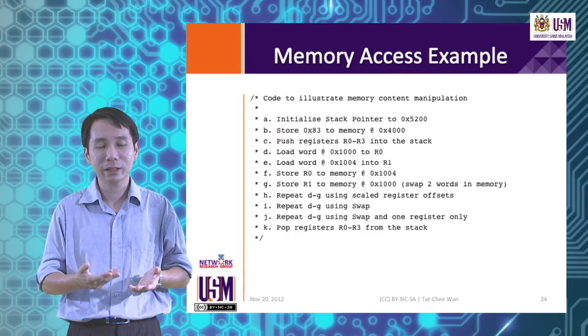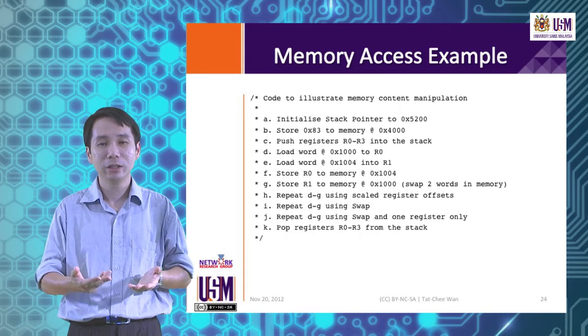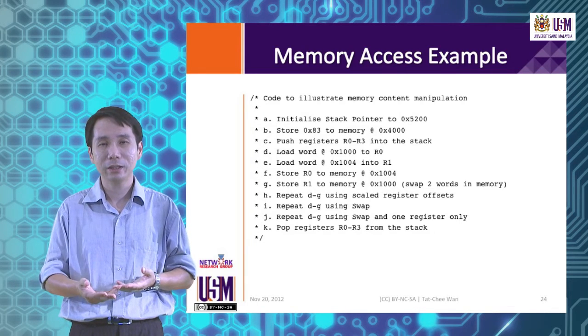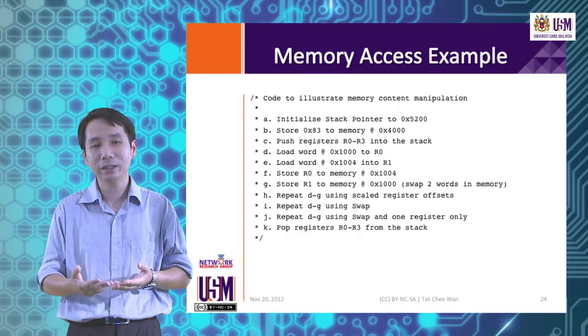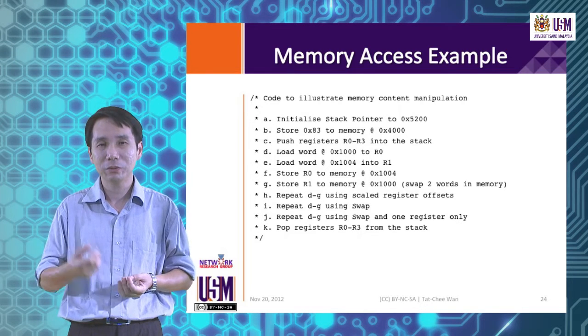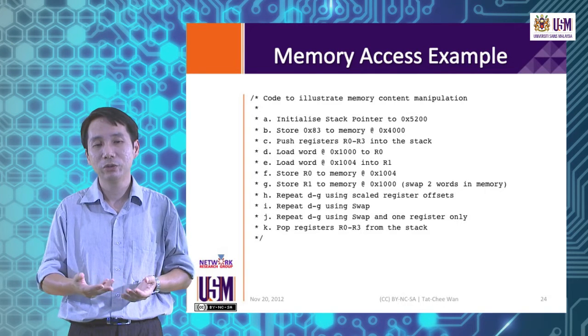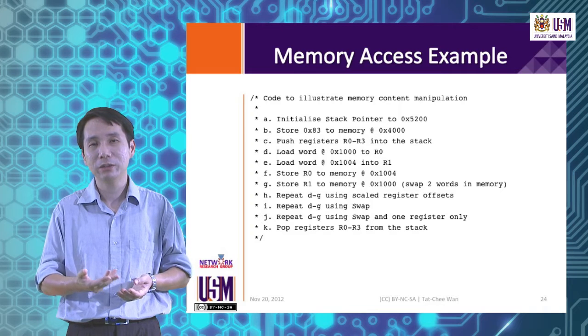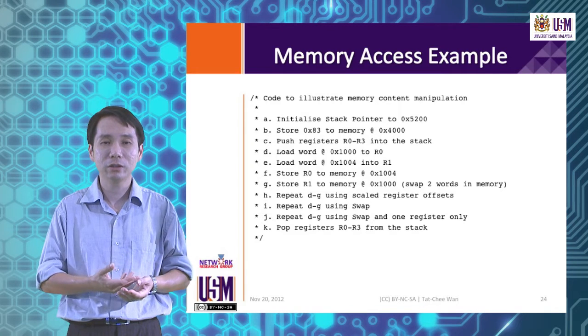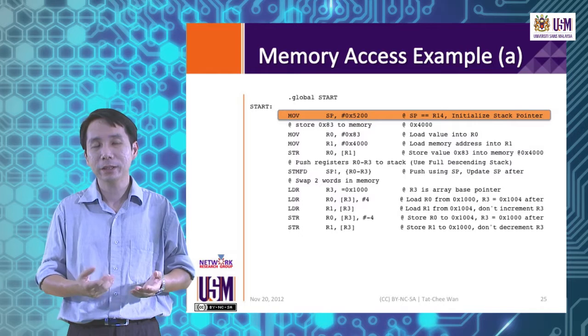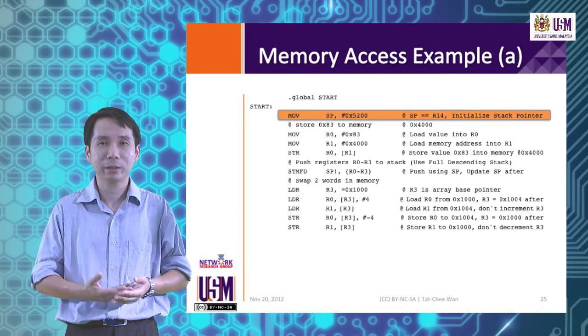We will repeat these steps D to G using the scaled register offset example, and then we will repeat it again using swap as an example, and using swap with one register only, and finally we will terminate the program by removing the contents of R0 to R3 from the stack back into the original registers. The first step in our program is to initialize the stack pointer.